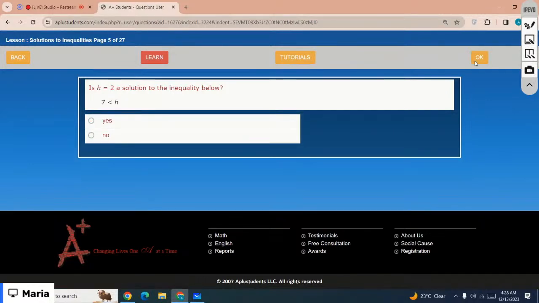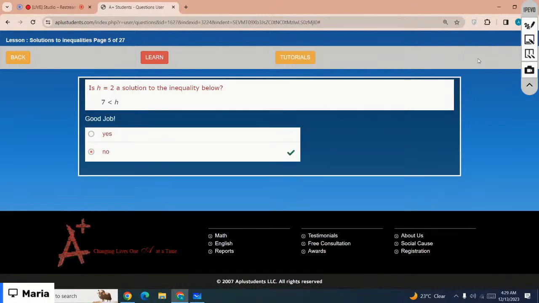Okay. Is h equal to 2 a solution of the inequality below, which is the correct option? 7 is less than 2. No. H equals 2 is not the solution of the given inequality, right?